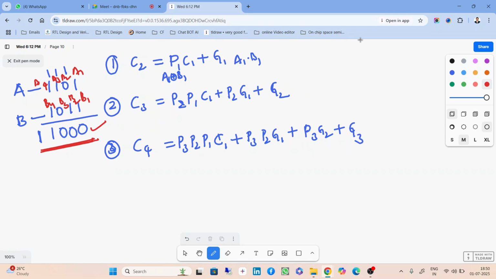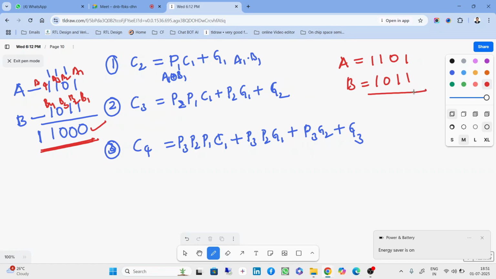I'm taking the 4-bit values, A1, A2, A3, A4, and B1, B2, B3, B4. Let us take two values: A equal to 1101, and B equal to 1011. I added. Theoretically, 1 plus 1 is 0, carry 1. Then 1 plus 1 plus 0 is 0, carry 1. Then 1 plus 1 plus 0 is 0, carry 1. And 1 plus 1 is 1, carry 1.